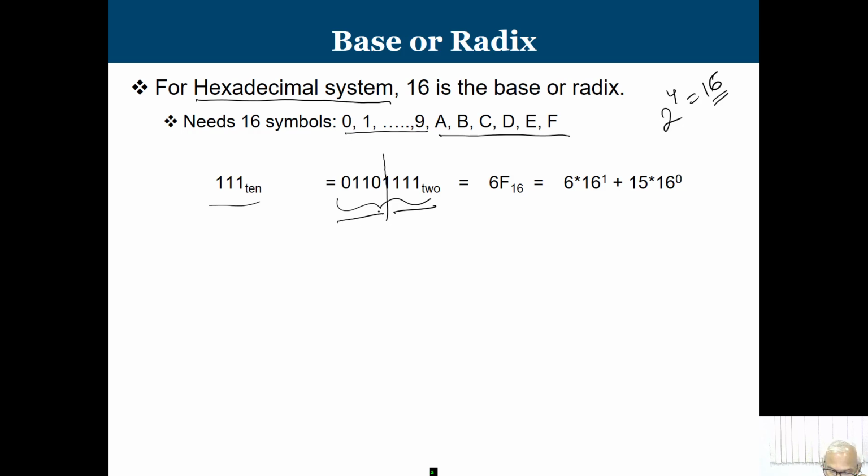So basically it is nothing but 6F, where F is 15, and it is base 16. This is the hexadecimal representation of 111 in decimal, and it is equivalent to 6 into 16 to the power 1 plus 15 into 16 to the power 0. That means 16 times 6 is 96, plus 15, which is equal to 111.